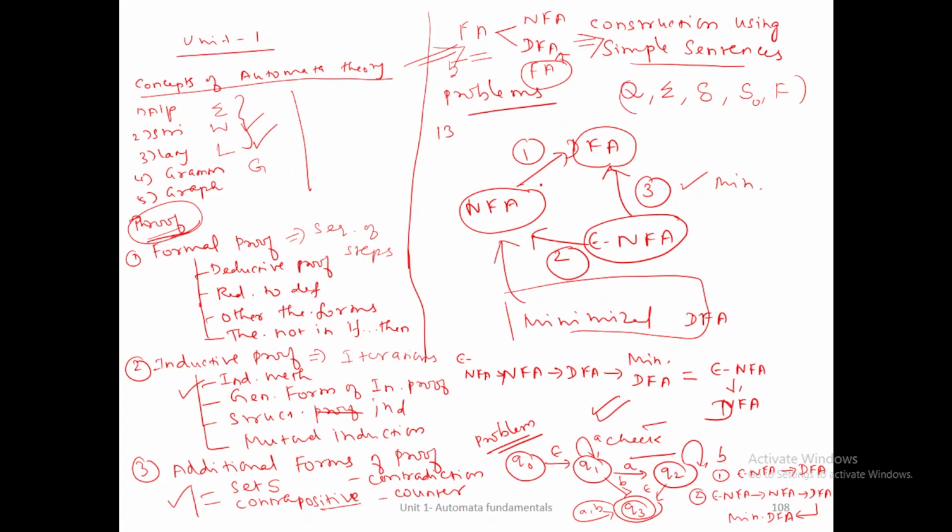One is NFA to DFA. Second one is epsilon NFA to NFA. Third one is epsilon NFA to DFA. I already gave the lecture problems and the theorem explanations for all these 3 methods. And in this session, I gave the introduction about minimized DFA.